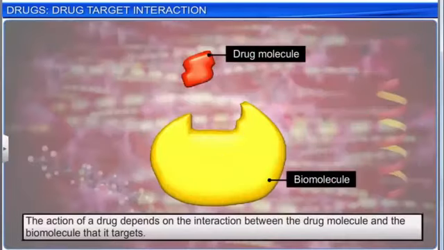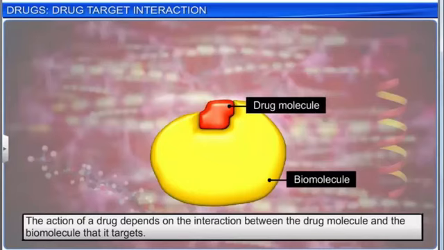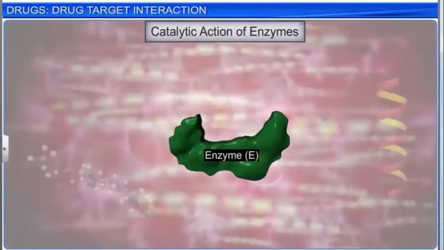The action of a drug depends on the interaction between the drug molecule and the biomolecule that it targets. In order to understand the interaction between drugs and enzymes, we first need to understand the catalytic action of enzymes.